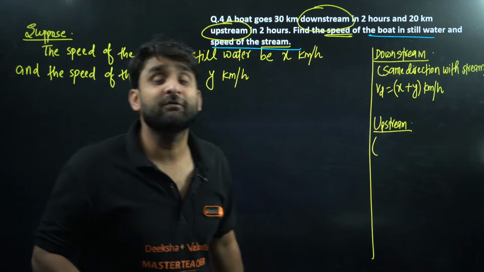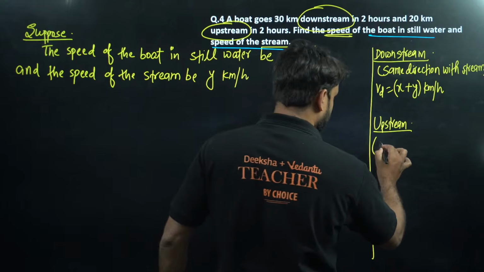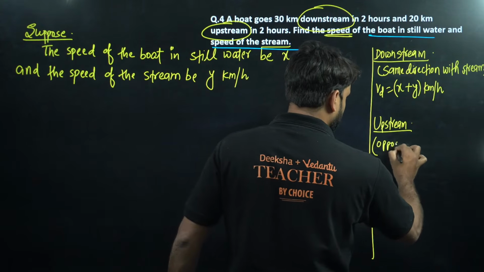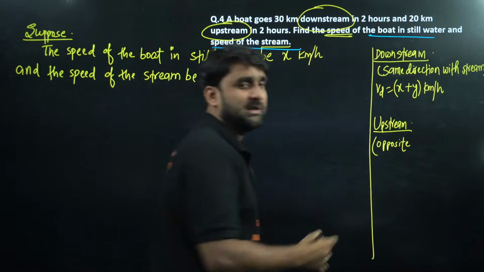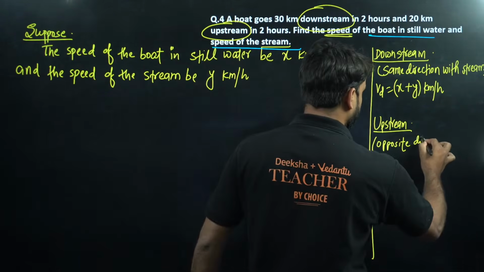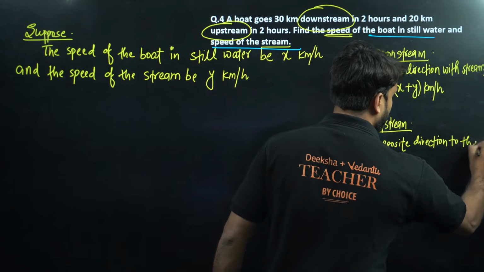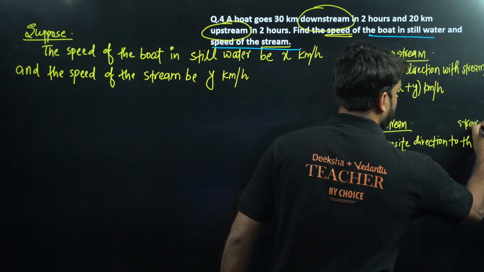So the speed of the boat will be decreased. And that is why, let me write here opposite. For your clarity, for your visibility, I am giving it here in language form also: opposite direction to the stream.